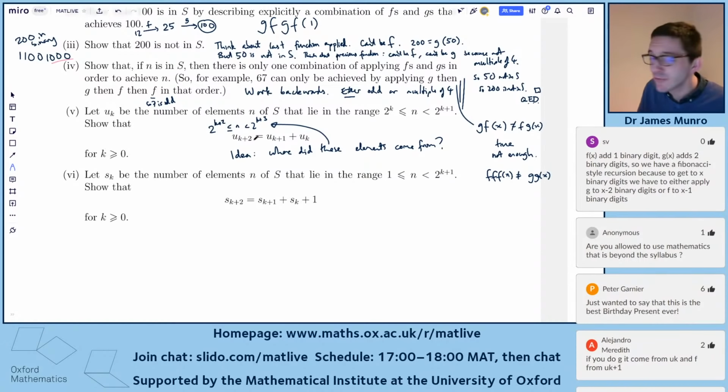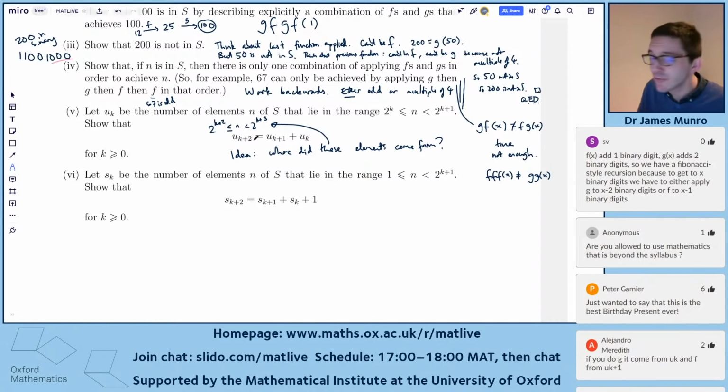Then I'm going to use the previous fact. So instead of writing u2, I'm going to write u1 plus u0. Instead of writing u3, I'm going to write u2 plus u1. And instead of writing u_{k+2}, I'm going to write u_{k+1} plus u_k, which is a bit of a mess.